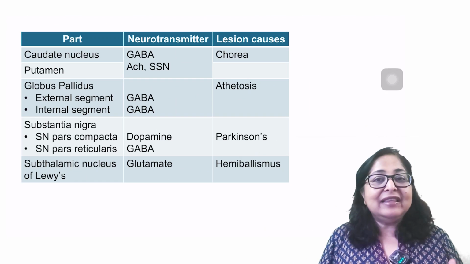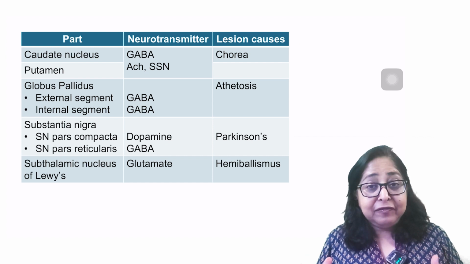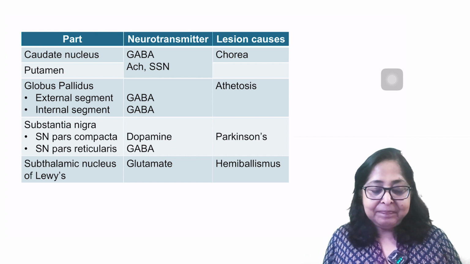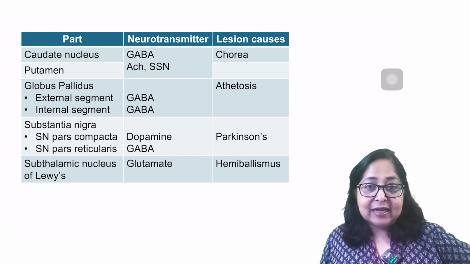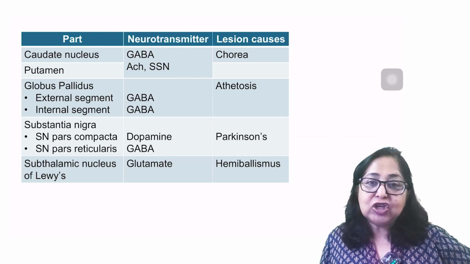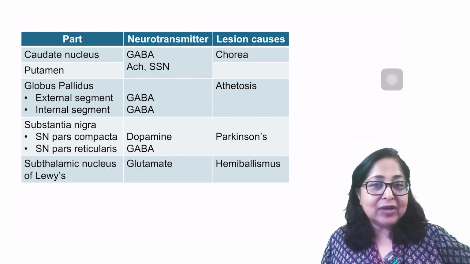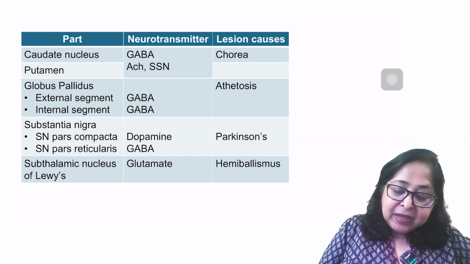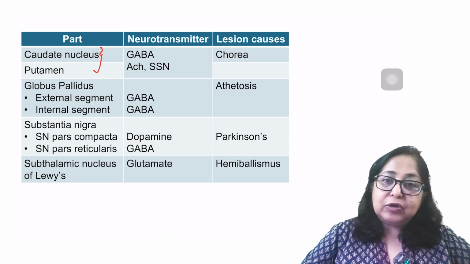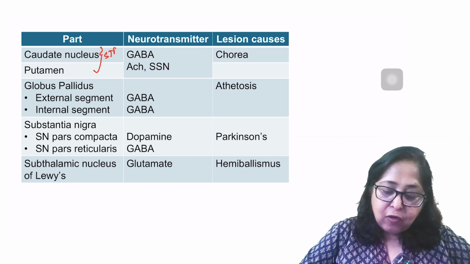So let's have a look at the different components of the basal ganglia. There is the caudate nucleus, putamen, globus pallidus, external segment, internal segment, substantia nigra, pars compacta, pars reticularis, and subthalamic nucleus. Now remember, caudate nucleus and putamen together form the striatum.